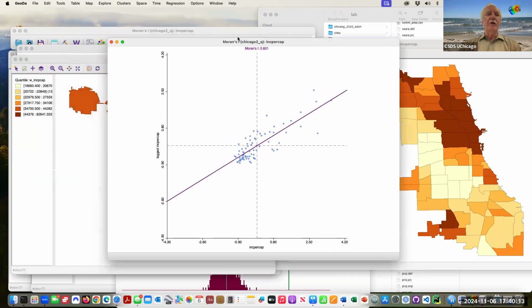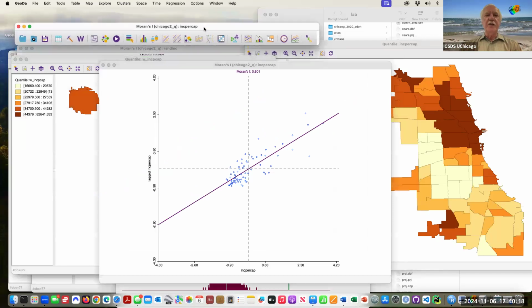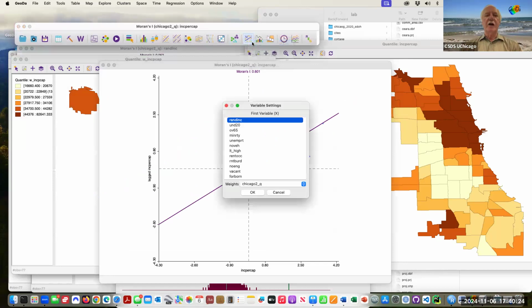And to close, one thing I want to show is sensitivity analysis. So we just very quickly do this again. Univariate Moran's I, the income per capita, but we're going to take the 6 nearest neighbors instead of the queen contiguity.